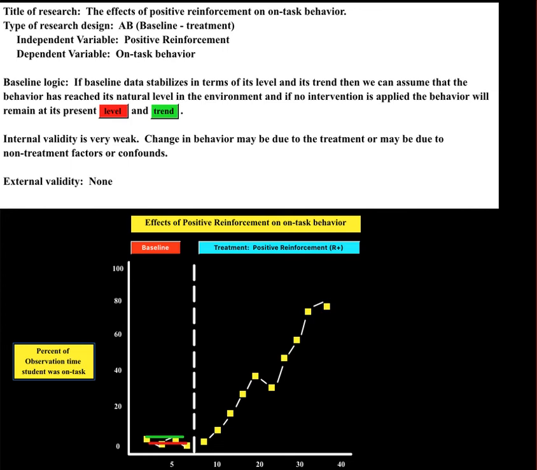So depending on your perspective, the design, although experimentally very, very weak, is useless for a researcher. It may have some classroom or clinical applications. So we're going to take a look now at a more robust iteration of this design.